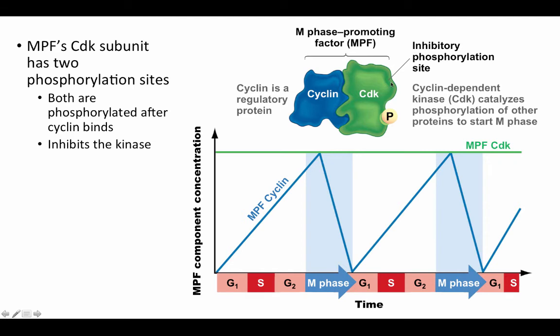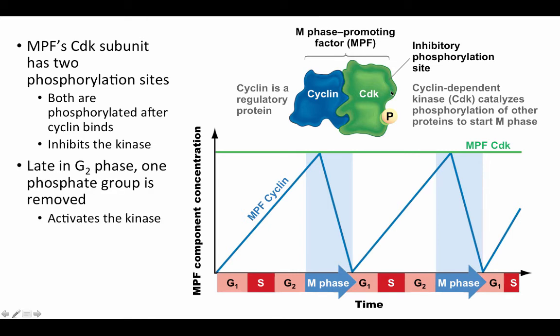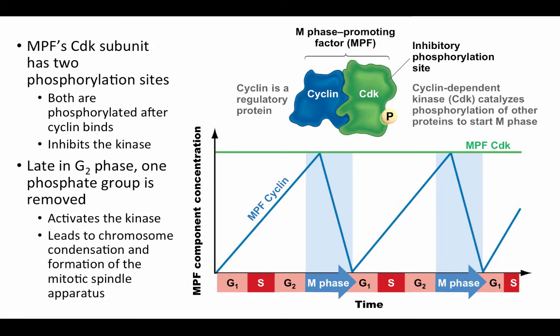So this ensures that this enzyme doesn't start catalyzing its reaction until the proper time. So when the time comes, late in G2 phase, this inhibitory phosphate group is going to be removed, and that's going to activate the kinase and allow the cell to go into mitosis. It's going to lead to the chromosome condensation and this entire cascade of events that leads to cell division.